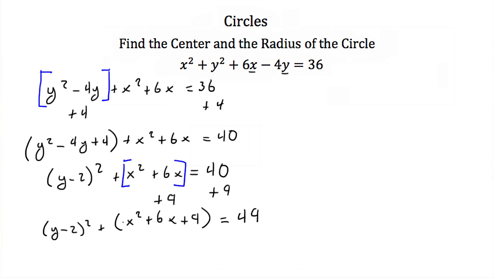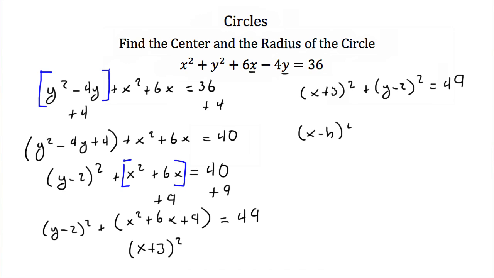Now x^2 + 6x + 9, I can write that as (x + 3)^2. So what I really have here is (x + 3)^2 + (y - 2)^2, and that's equal to 49. Now notice that this is in the standard form of (x - h)^2 + (y - k)^2 = r^2.